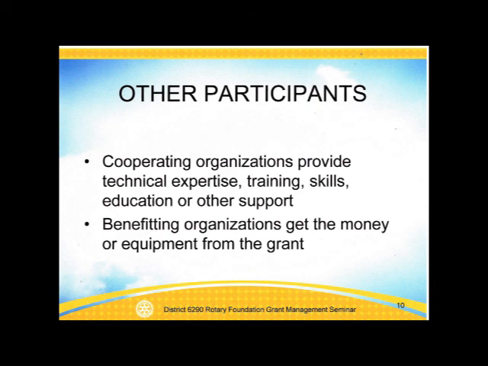In step 7, you were asked about other participants in the grant project. Most of this section is clear enough, but a word about cooperating organizations. A cooperating organization can provide technical expertise, advocacy, training, education, or other support.